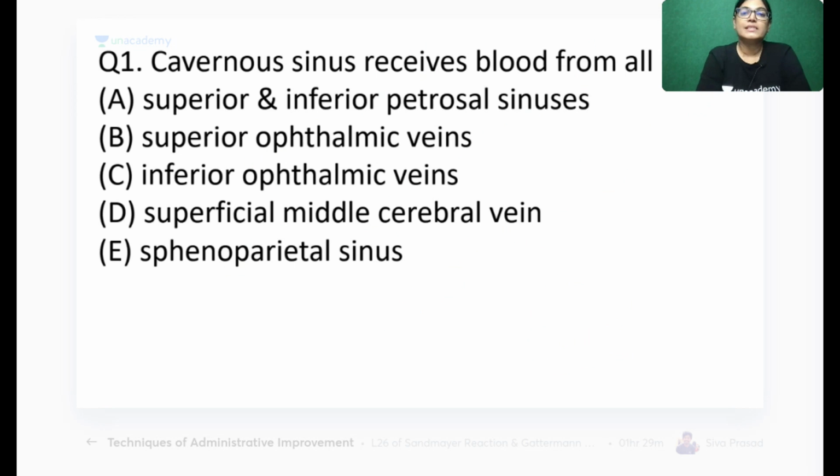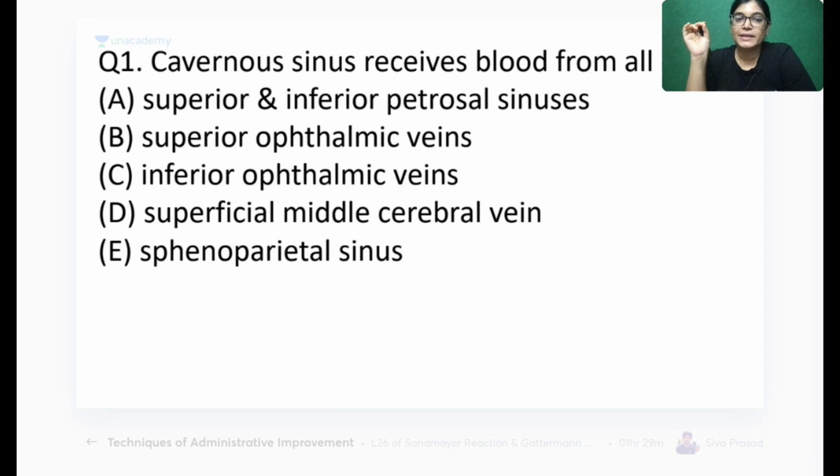MCQ. Cavernous sinus receives blood from all of the following except: superior, inferior petrosal sinuses. So tomorrow is Thursday, evening also I will take a session. Okay, in the last 2-3 minutes we will discuss that. Don't worry.